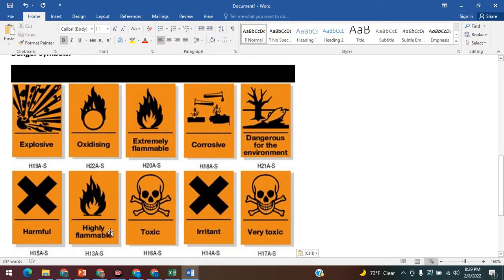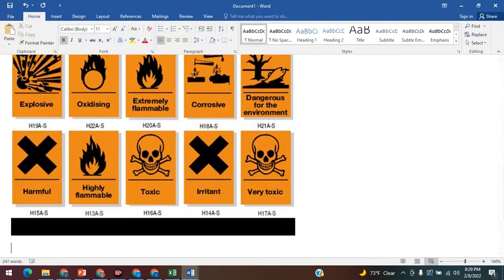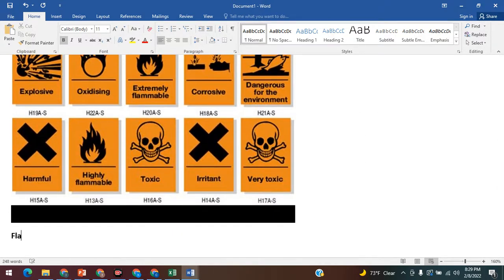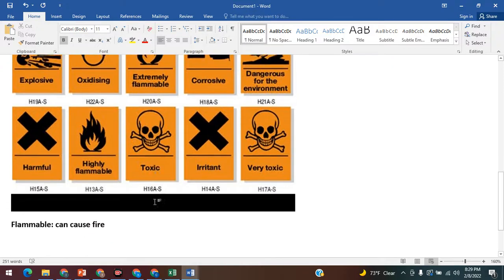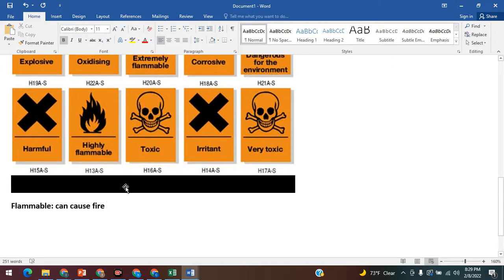Now, when we say flammable, what do we mean? It will cause a fire. Yes, flammable means it can cause fire. This one is toxic or actually poison, which means it can cause illness or death.